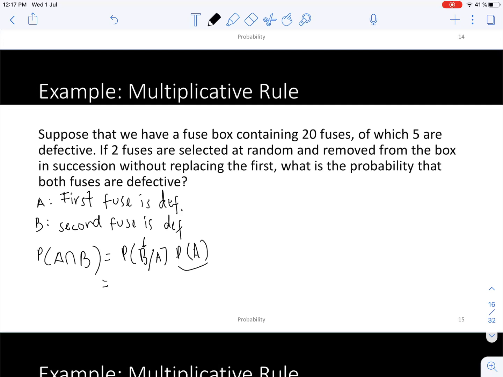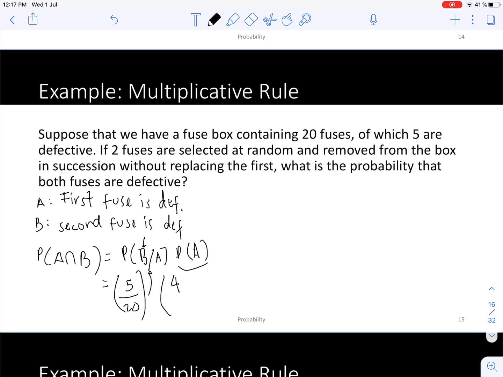So let's find the probabilities. What's the probability that the first fuse is going to be defective? There are 20 fuses in total and 5 are defective. So if you pick one randomly, the probability of getting a defective first fuse is 5/20, right? Now, what is the conditional probability? The probability that the second fuse is defective given that the first one was defective, right? Since we know that the first one was defective, there are only 4 defective fuses left.